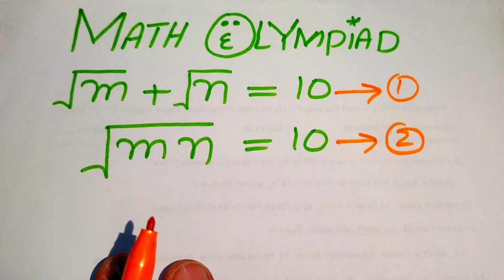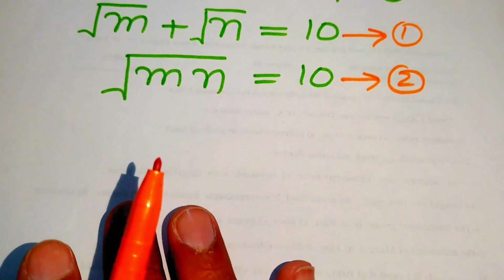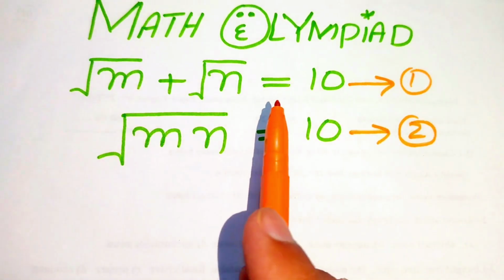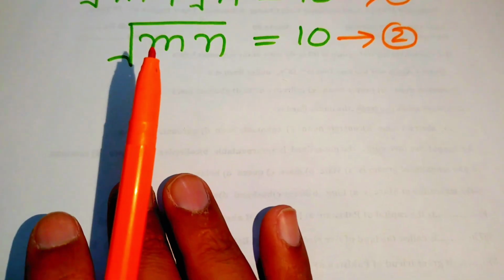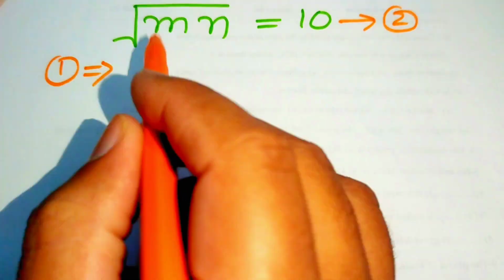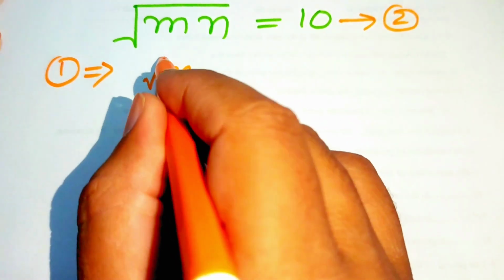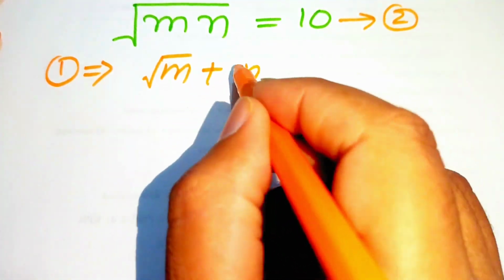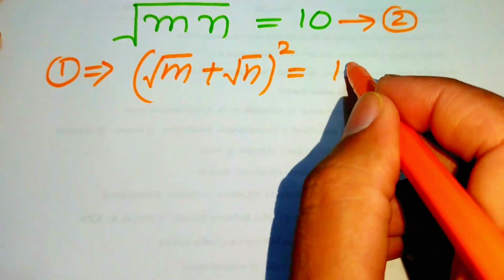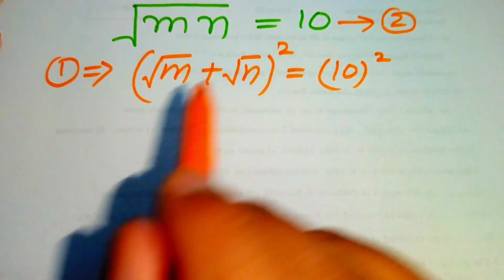Here we focus first on equation number 1, and first we take squares on both sides of equation number 1. So we write that equation number 1 implies, after taking the square, (square root of m plus square root of n) whole square equals 10 square.